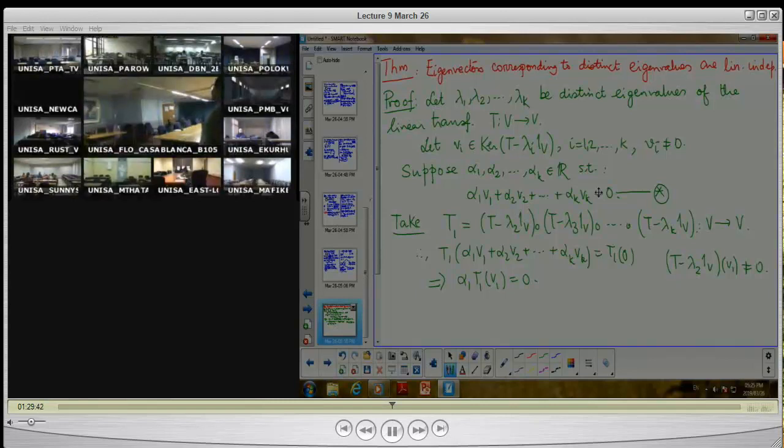So you're saying V1 will be in the eigenspace for lambda 2? See, when you say that lambda 1 is not equal to lambda 2, what I'm trying to say is, suppose T of V1 was this.